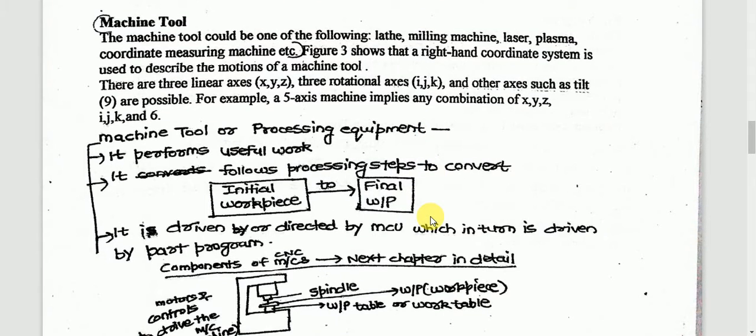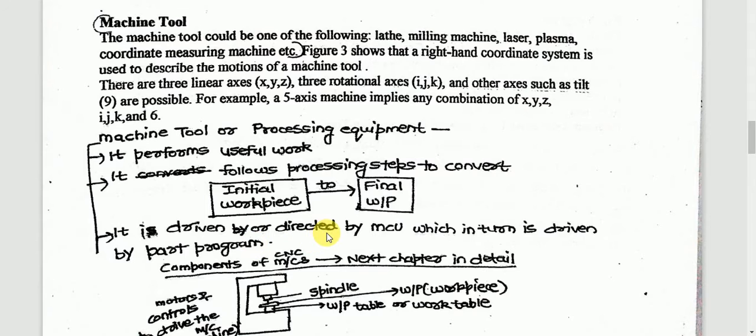The third component is machine tool. We are all familiar with machine tool. It converts the initial workpiece to a final workpiece, initial raw material to a final finished product. It performs useful work. It is driven or directed by MCU, which in turn is driven by a part program.